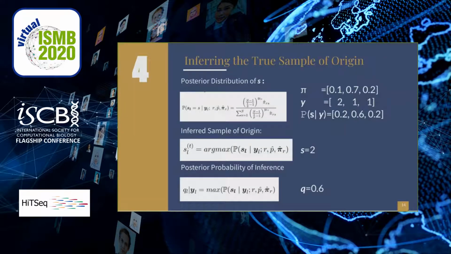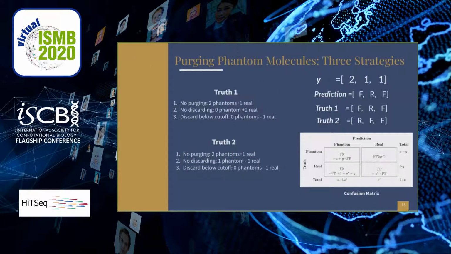We use the index hopping rate and the proportions, the MPC, to find the distribution of the sample of origin, and using the argmax of the distribution of the true sample of origin, we can choose three strategies.